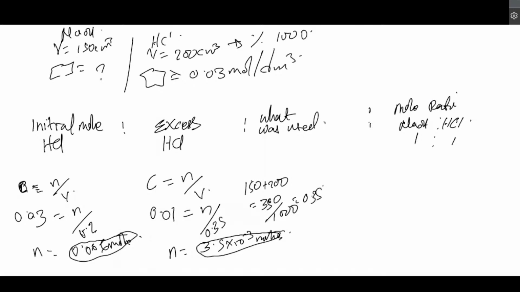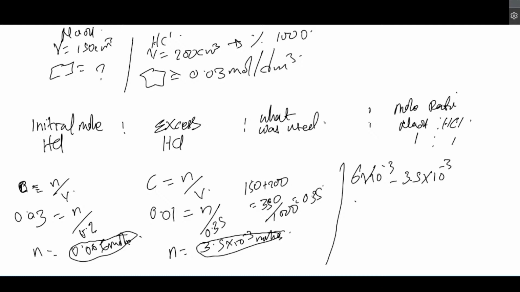So let's subtract 6 times 10 to the power negative 3 minus 3.5 times 10 to the power negative 3.